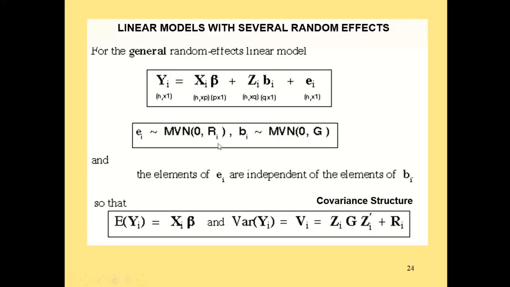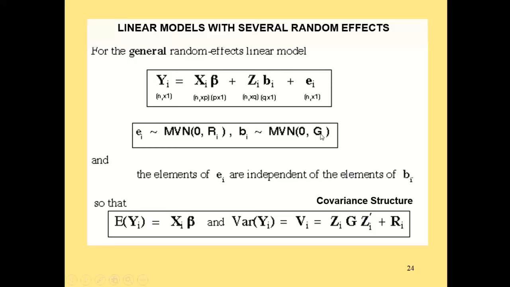So R sub i here, it turns out, is a variance-covariance matrix for the error term, right? Because we're saying that ei, the errors, are distributed multivariate normal with mean of 0, and then some variances and covariances together that create an R matrix that we denote R sub i. Okay? G is the same thing for the random effects.